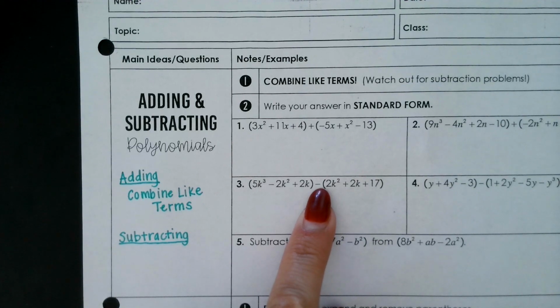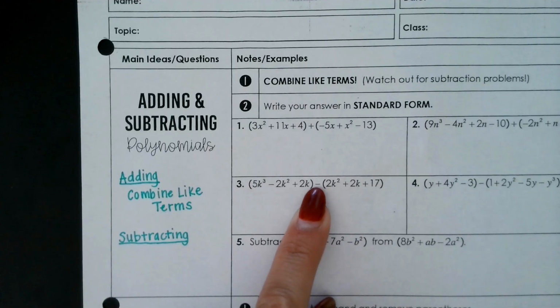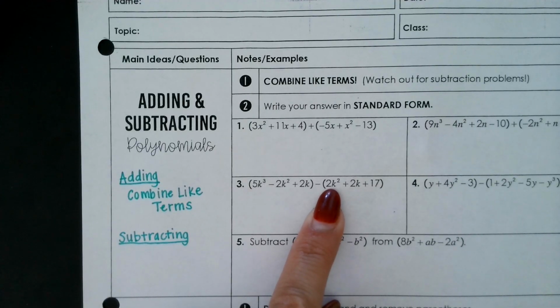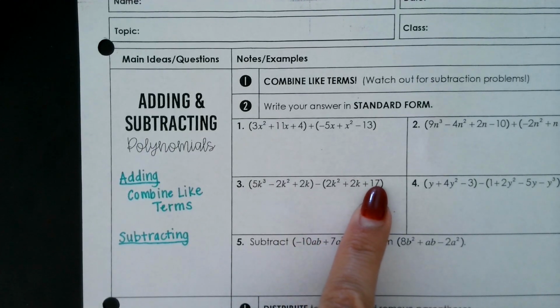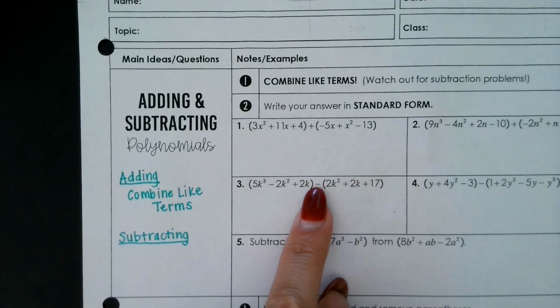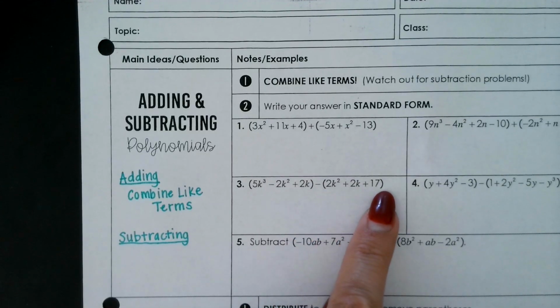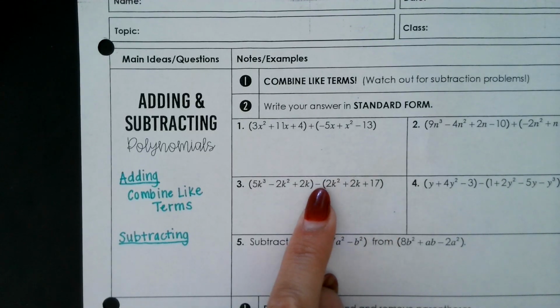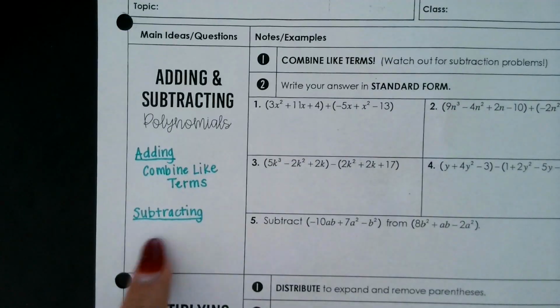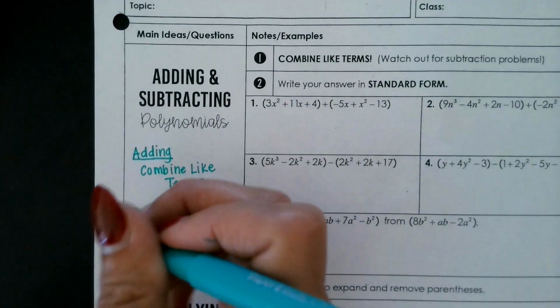What a lot of my students have done, and this continues to be a mistake that I see, is that they end up subtracting only the first term, because the minus sign is right in front of that one, and they think the minus sign goes with this one. Well, they want us to subtract the entire polynomial, which means that the subtraction sign actually goes with all 3 of the pieces.